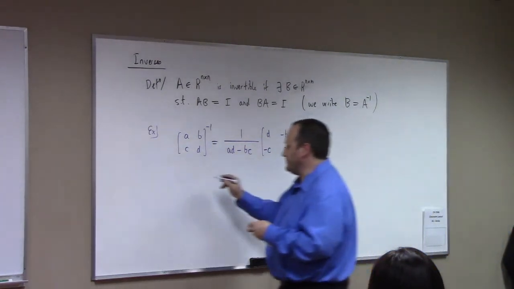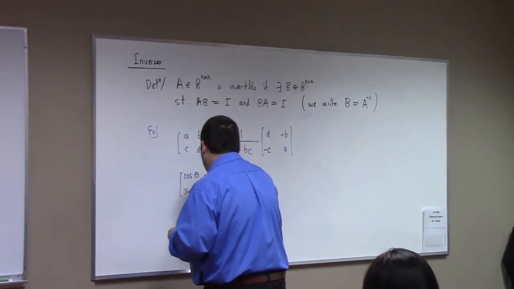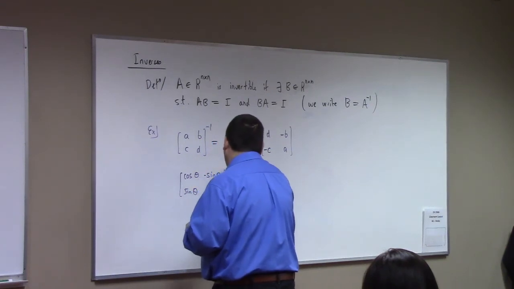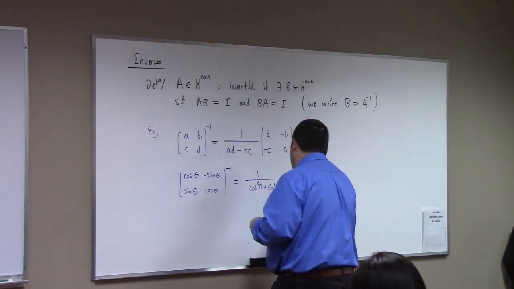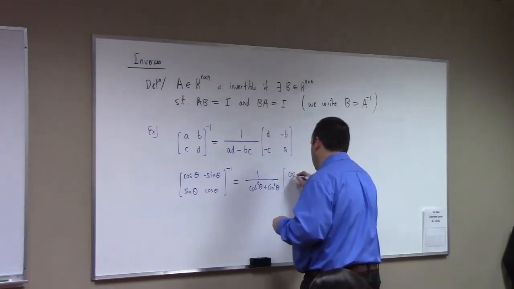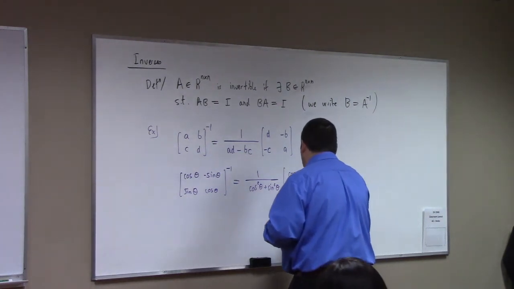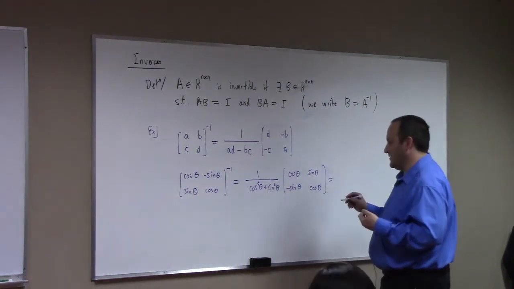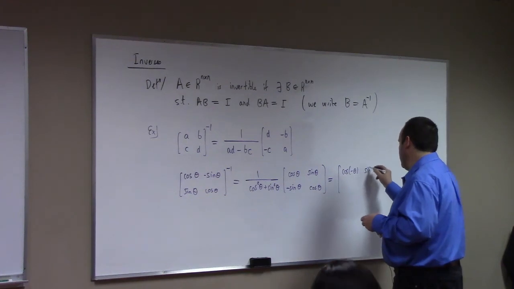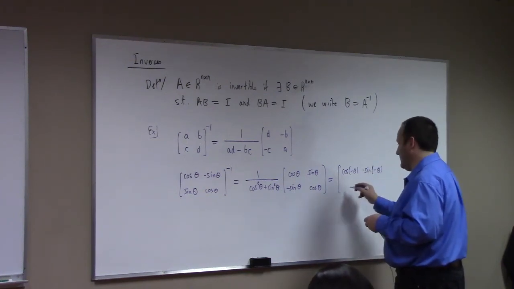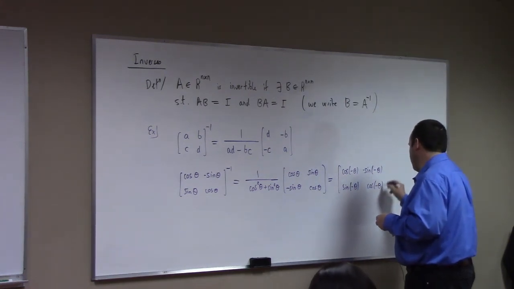For example, if I had cosine theta, sine theta, minus sine theta, cosine theta, and I want to calculate the inverse of that 2 by 2 matrix, it's 1 over cosine squared theta plus sine squared theta, which is what? What's sine squared plus cosine squared? You guys know that. It's 1, right? And if you look at this, this is really cosine of minus theta, sine of minus theta, minus sine of minus theta, and cosine of minus theta.